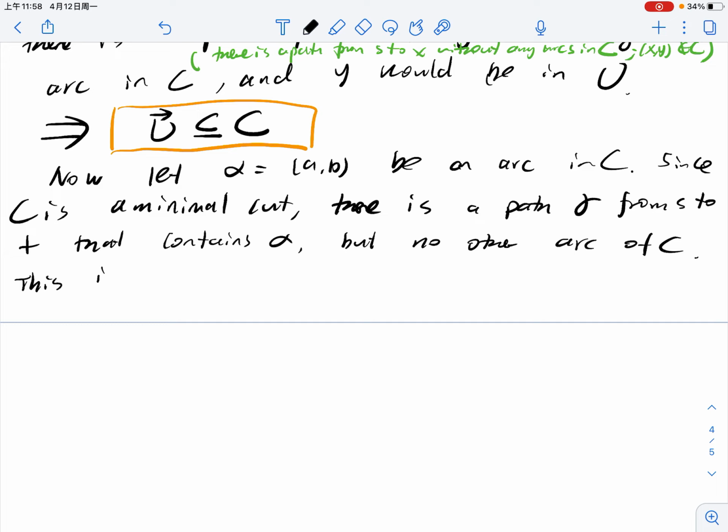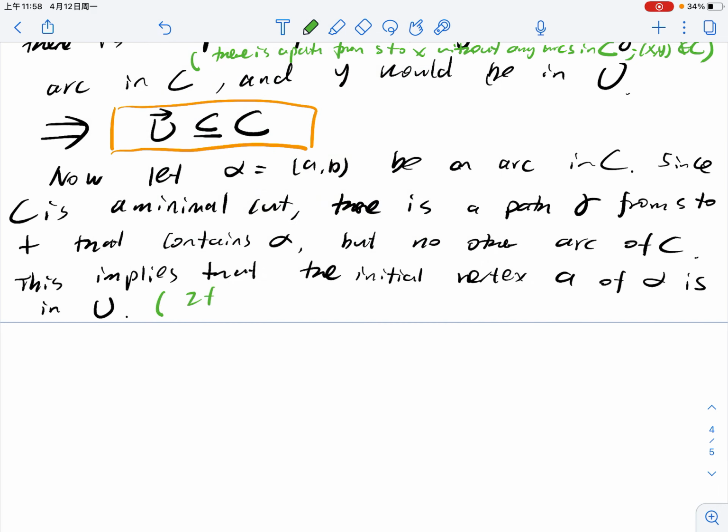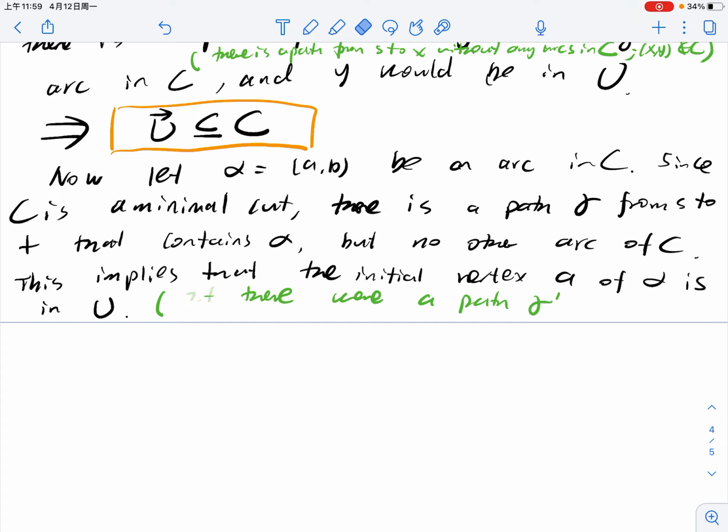And this implies that the initial vertex A of alpha is in U. So this is the easy part.